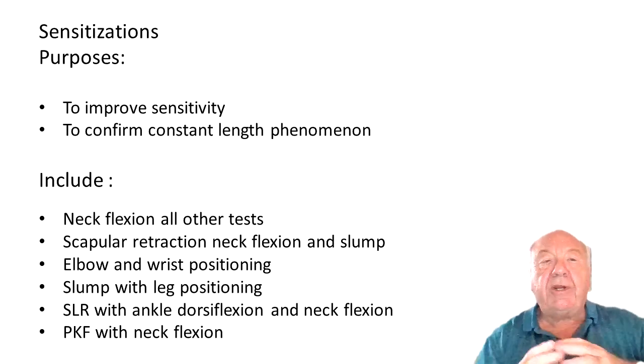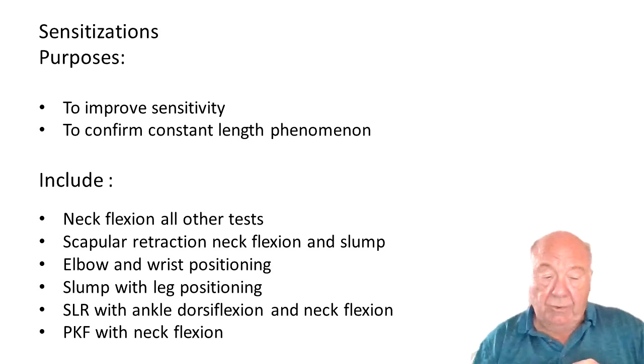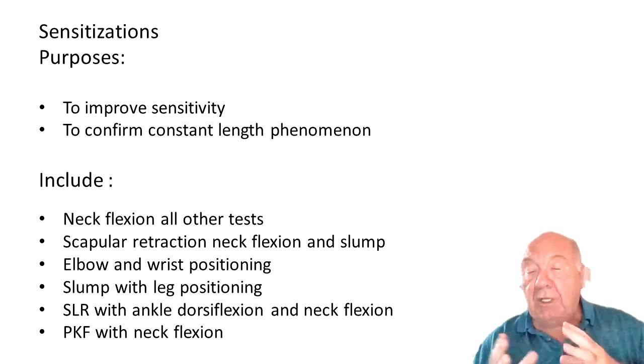So we look at sensitizations. The purpose of these is to improve the sensitivity of the test and also to probably specifically test certain parts of the neuromeningeal tissues. The best example of this are the upper limb tension tests.